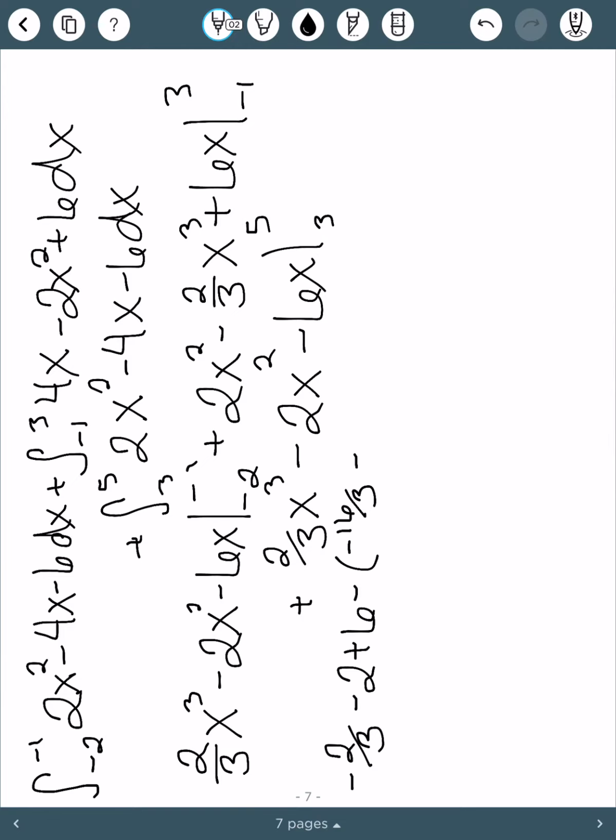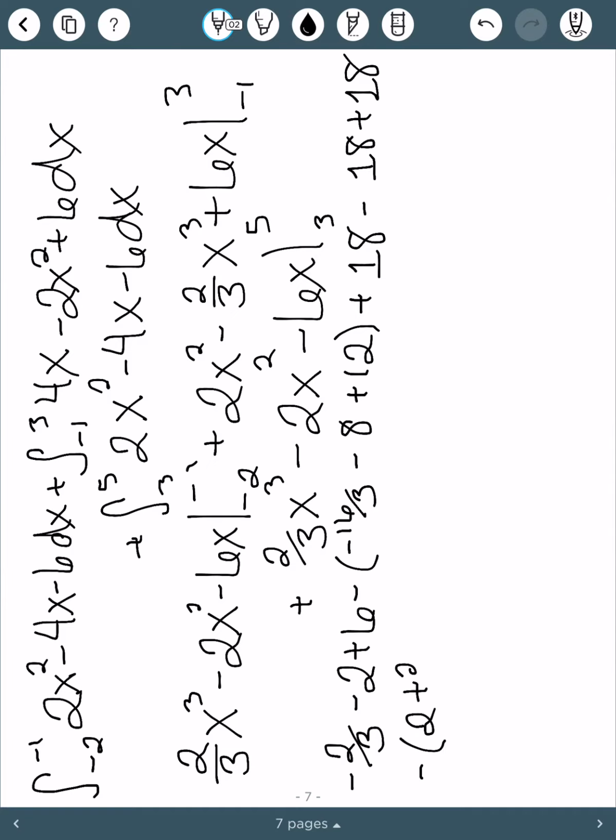We would then have -8 plus 12. For the next part, evaluating at 3, 9 times 2 is 18 minus another 18 plus 18. Evaluating at -1 would then give me a 2 plus 2/3 minus 6.